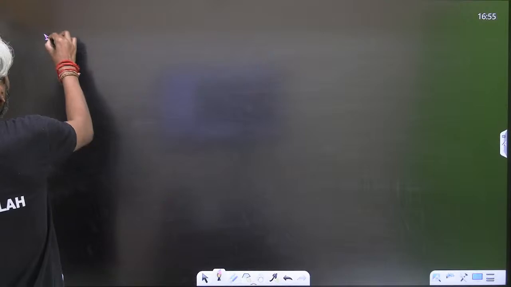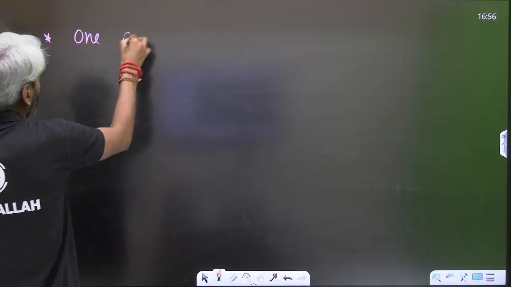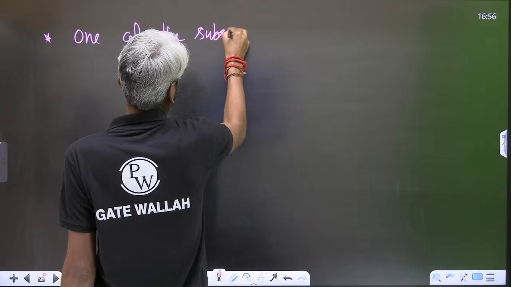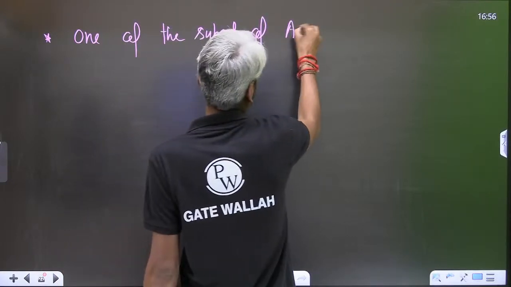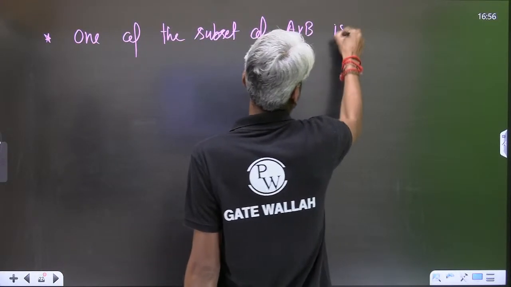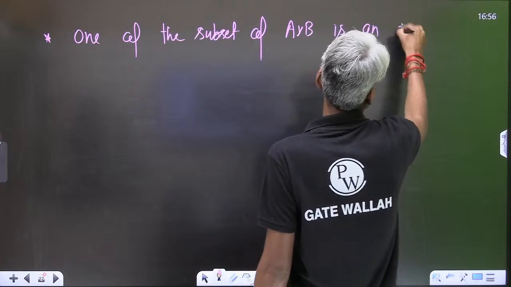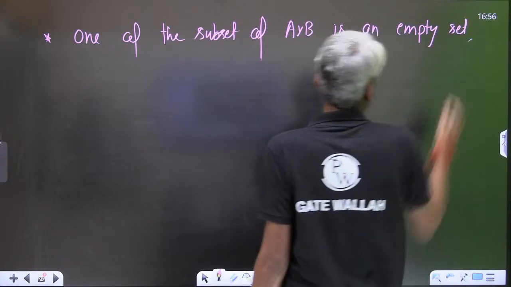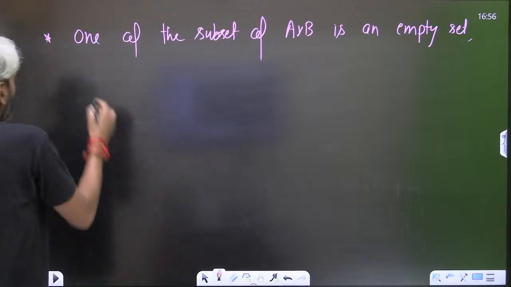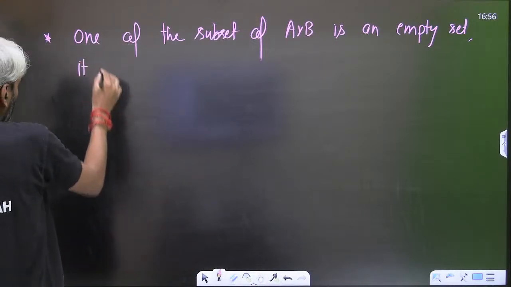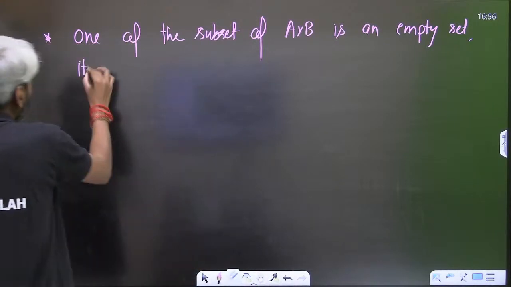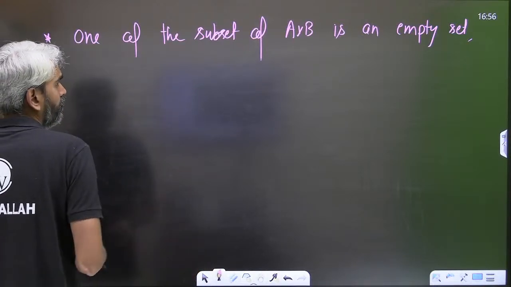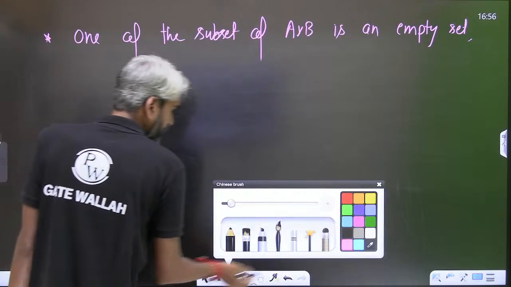So please note down, one of the subsets of A cross B is an empty set.